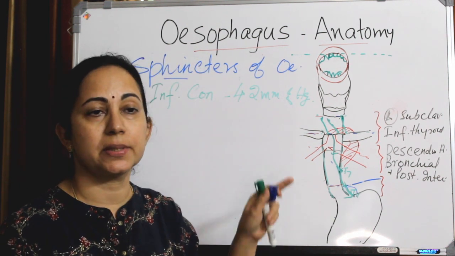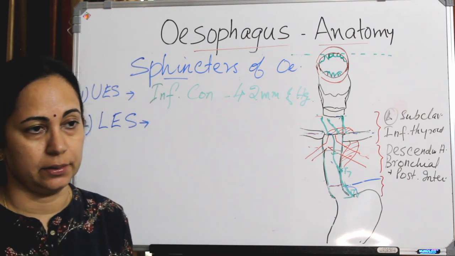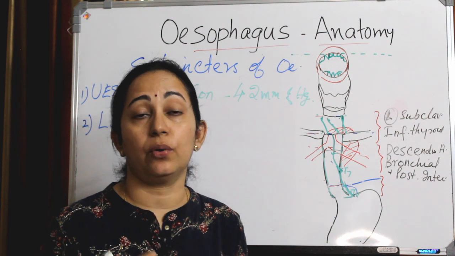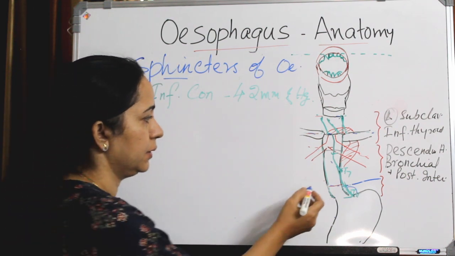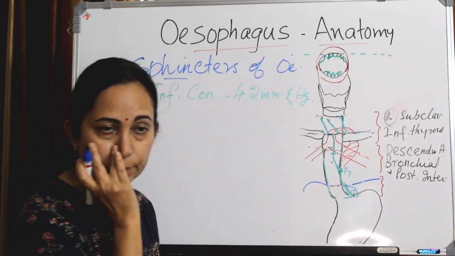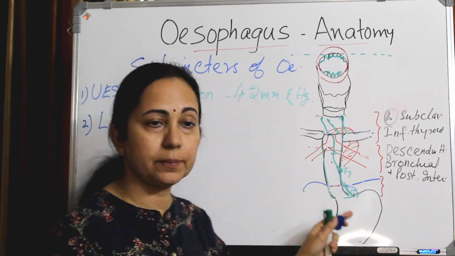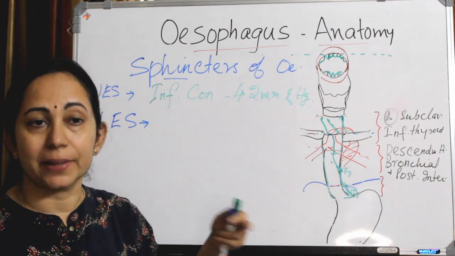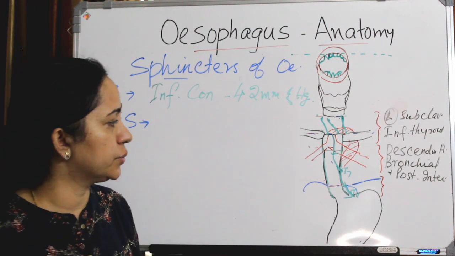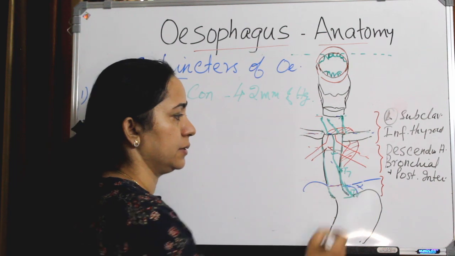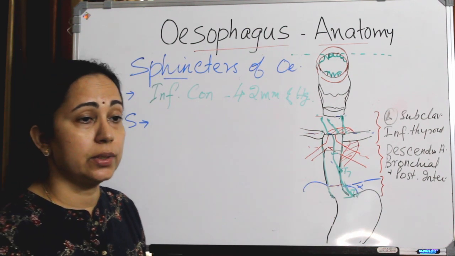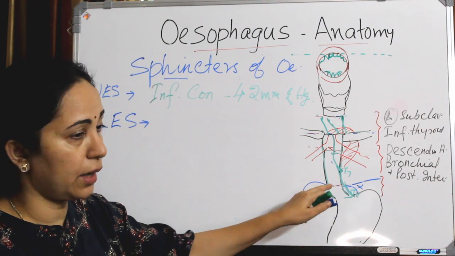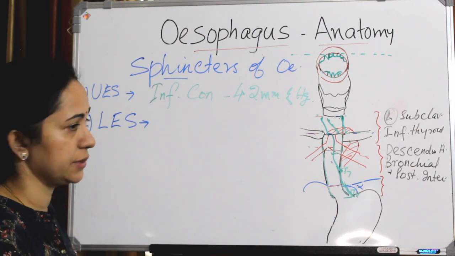It is mainly formed by the encircling fibers of the right crus of the diaphragm, then the oblique fibers of the stomach, and a thoraco-abdominal pressure gradient. I already told you that there is the angle of His, and also the Gubaroff's valvula. All these mechanisms form the lower esophageal sphincter.